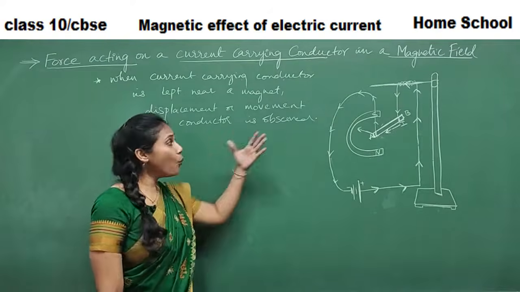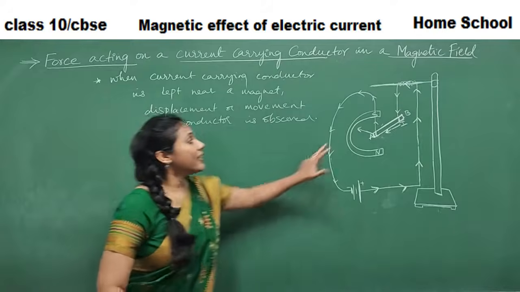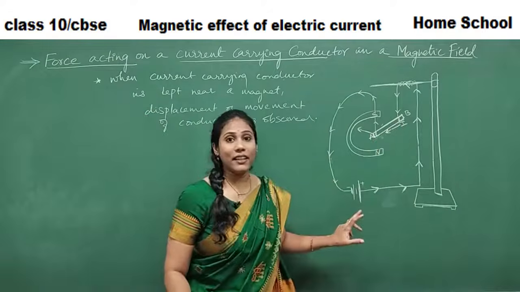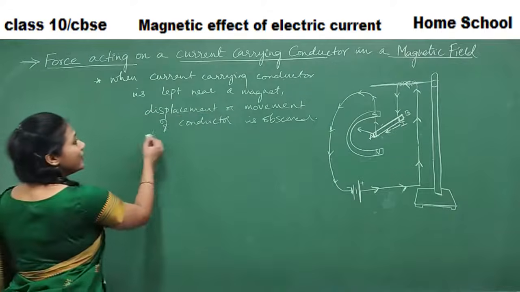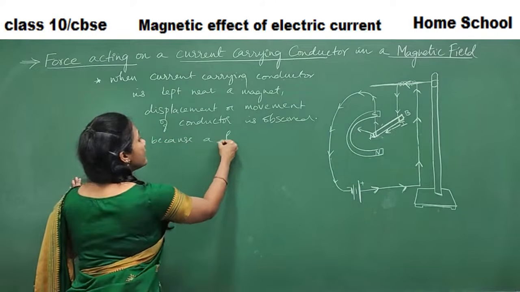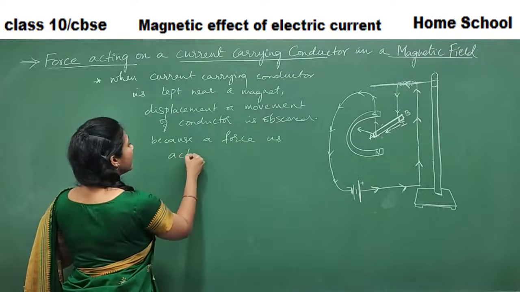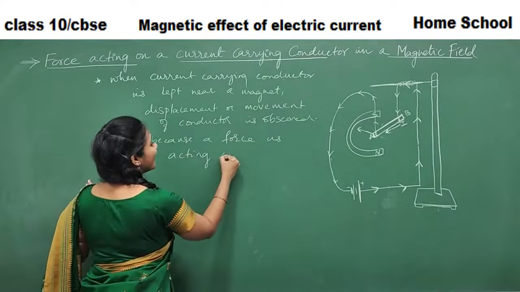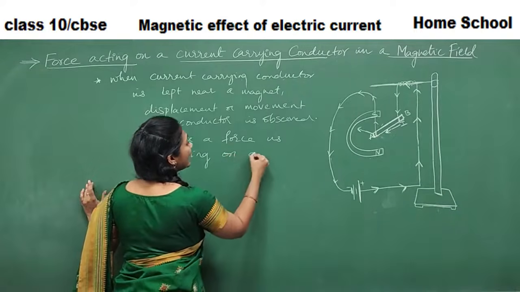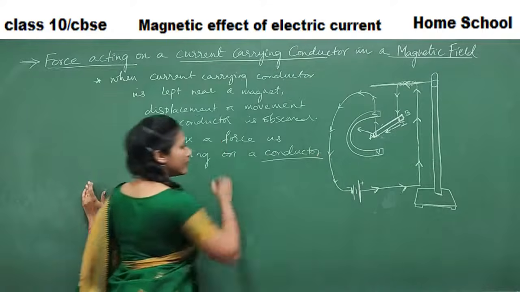Now, why did the displacement take place? Because some force is acting on a conductor. Force is working on a conductor.